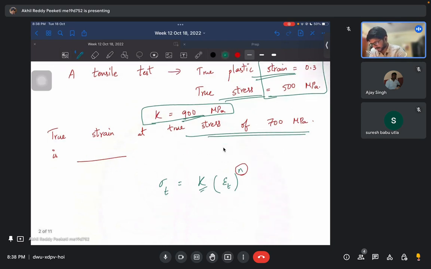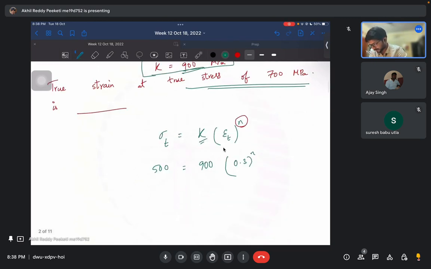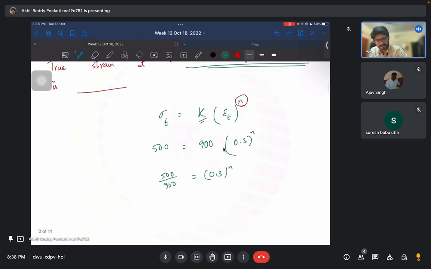So true stress 500 MPa is equal to K, 900 MPa, into true plastic strain 0.3 power n, which we don't know. So 500 by 900 is equal to 0.3 power n. If you take the natural logarithm, ln of 500 by 900 is equal to n ln of 0.3.